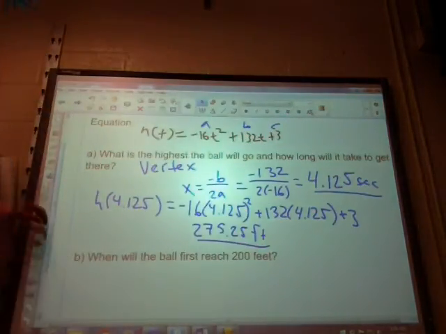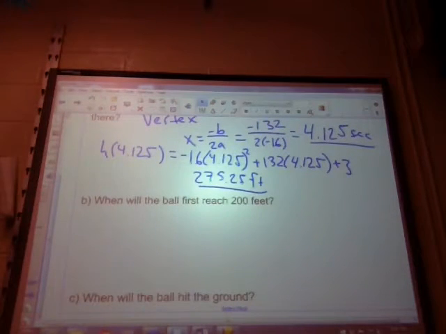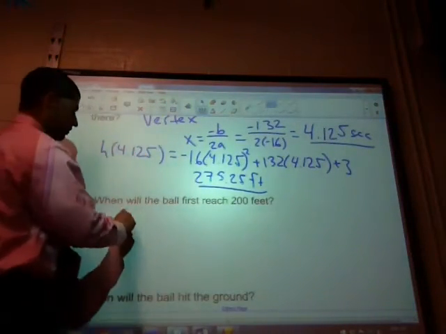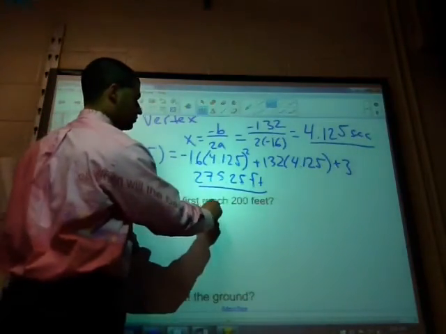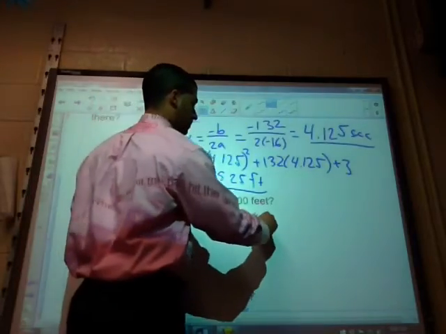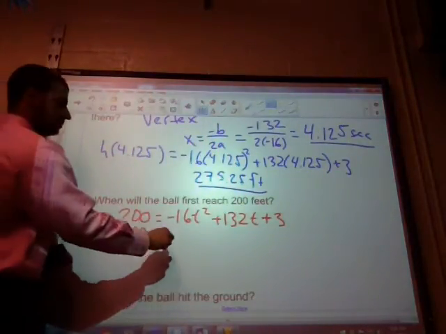Now the next two problems you do the same way. When we're asking when it'll reach 200 feet first, you set the problem equal to 200. You got to set it equal to 0.